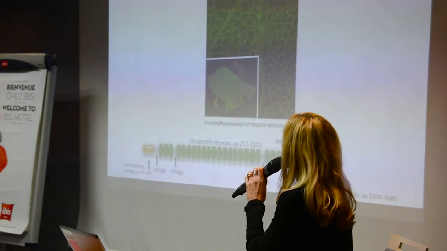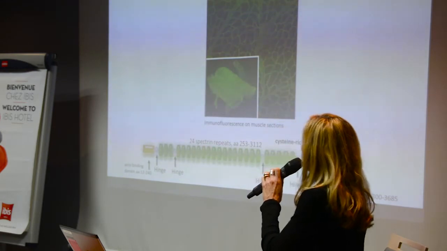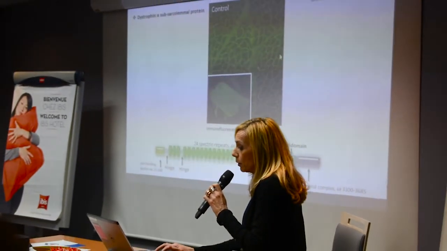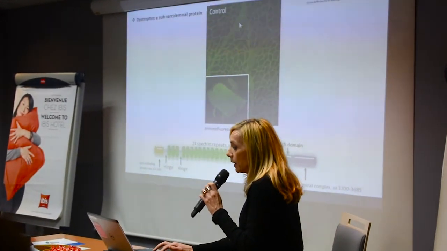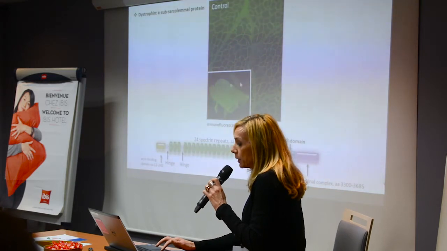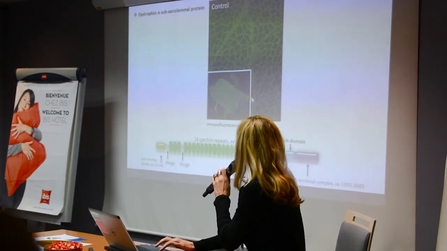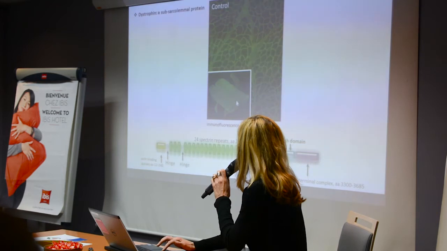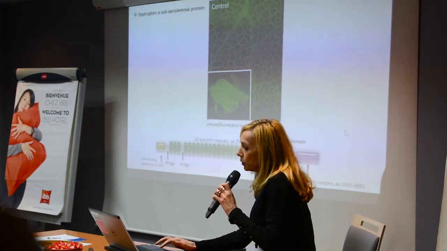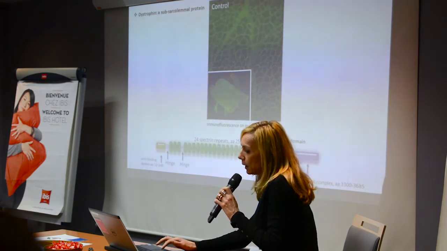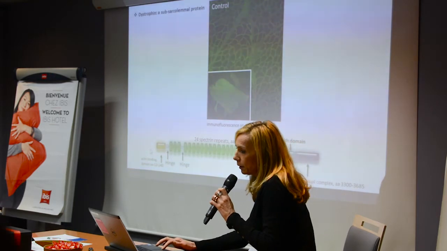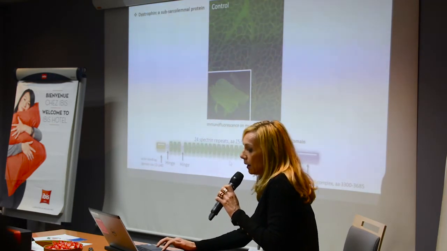This dystrophin is a subsarcolemmal protein, as you can see here in immunofluorescence on muscle section. You can see the fibers and the dystrophin labeling. And here it's a reconstitution of 3D fibers, where you can see the localization of the dystrophin. So the structure of the protein is quite well known, with an N-terminal part, which is an actin binding site.